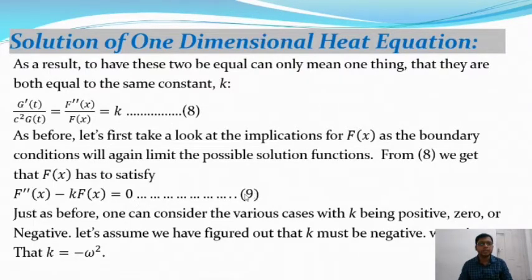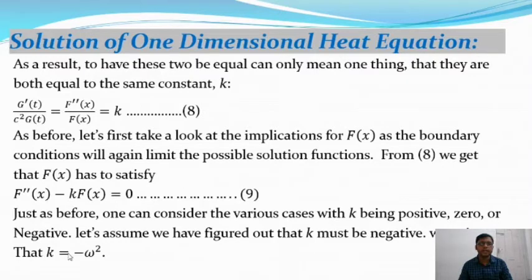So just as before, one can consider the various cases with k being positive. In that case, this is a second order differential equation, and the solution depends on k. So k is either positive, 0 or negative. So let's assume we have figured out that k must be negative, and we can write that k is equal to minus omega square.